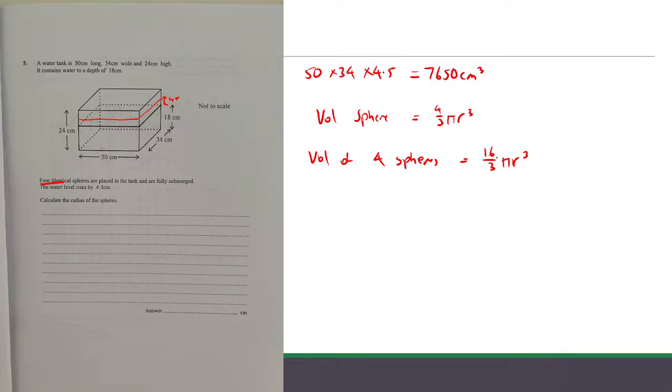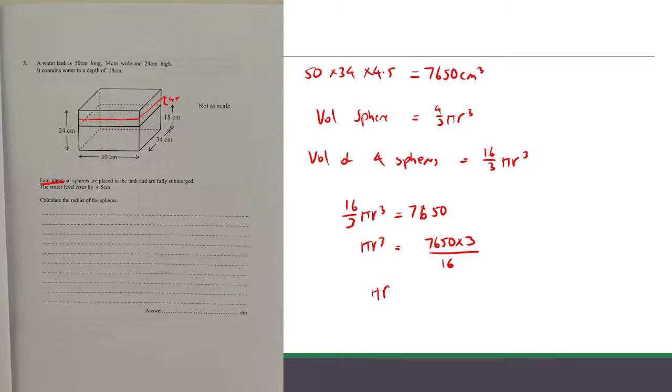Since we know that the volume of 4 spheres is equal to this, we can equate them. So 16 over 3 pi r cubed is 7650. So pi r cubed is 7650 times 3 divided by 16.